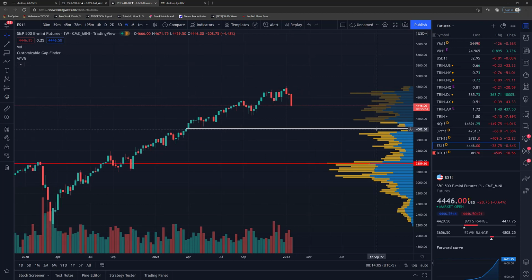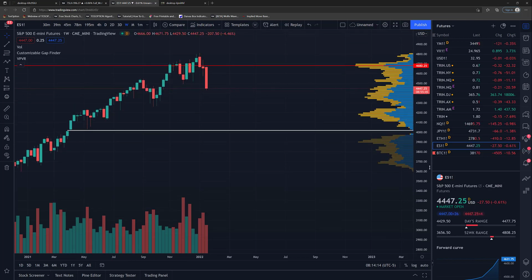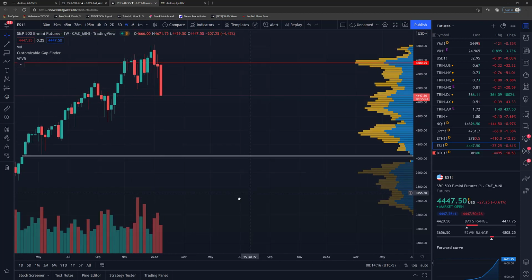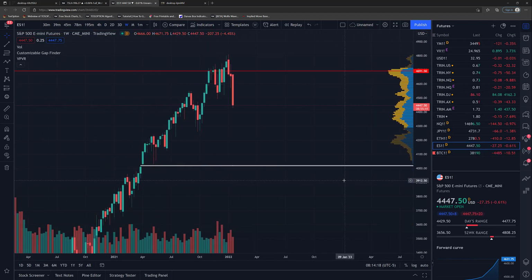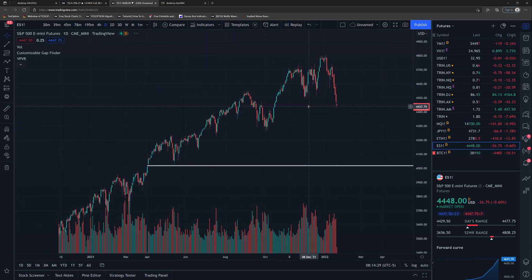See how there's zero volume there, this white horizontal line. When you compare the volume profile on a weekly scale, you can see there's zero volume. Nobody made a purchase. So how the hell did it gap up like that, right? That's pretty nasty.